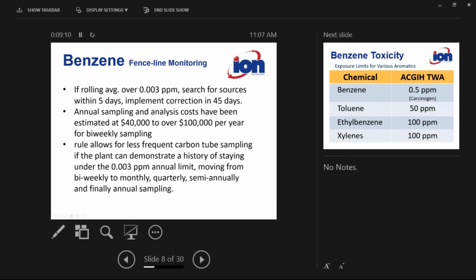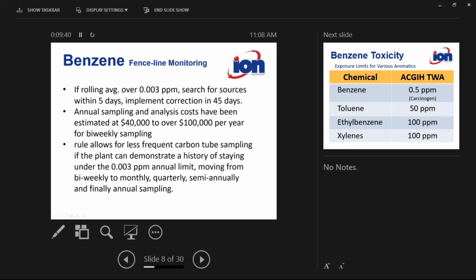The 9 micrograms per cubic meter is 3 parts per billion, and so it's quite a low measurement required. It's been estimated that the annual sampling costs for activated carbon sampling could be $40,000 to $100,000 per year if you're doing biweekly sampling. If we can reduce that with instrument measurements, that will definitely be a cost benefit.